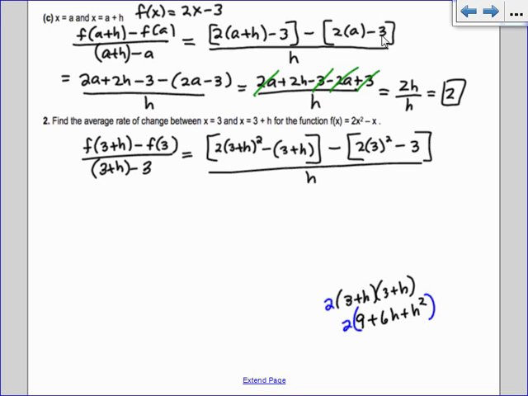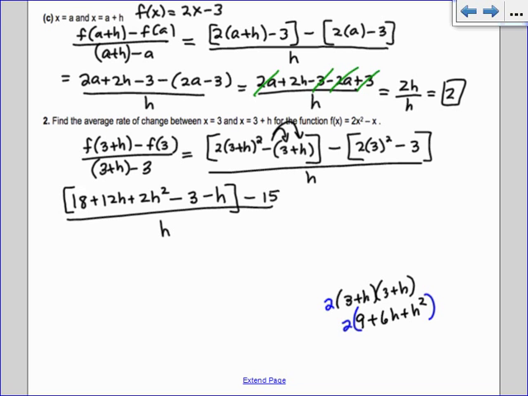So when we multiply by 2, we end up getting 18 plus 12h plus 2h squared. Then we have minus 3 plus h in parentheses, so we're going to have minus 3 minus h. That is all in the first bracket. Then we have minus, what does that second bracket become? 15, good. All over h.